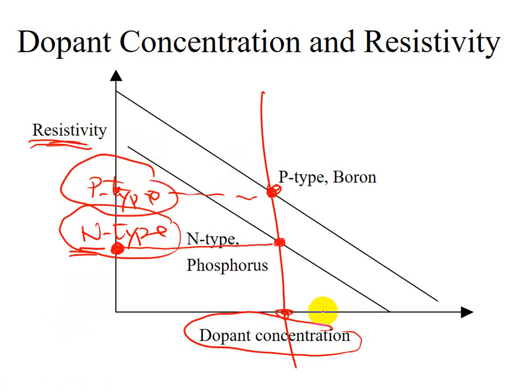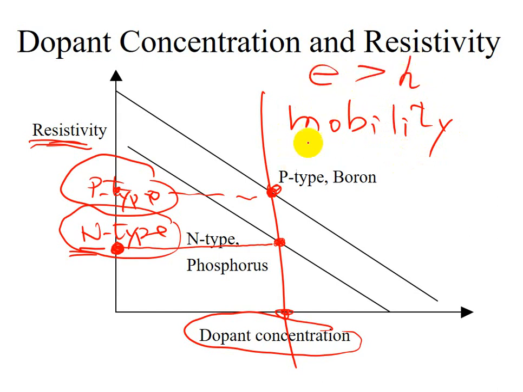The hole and the electron mobility is different. The mobility of electron is greater than hole. That's why electron moves faster than hole.